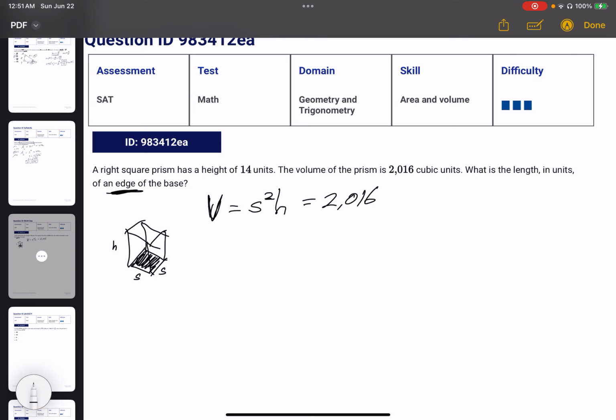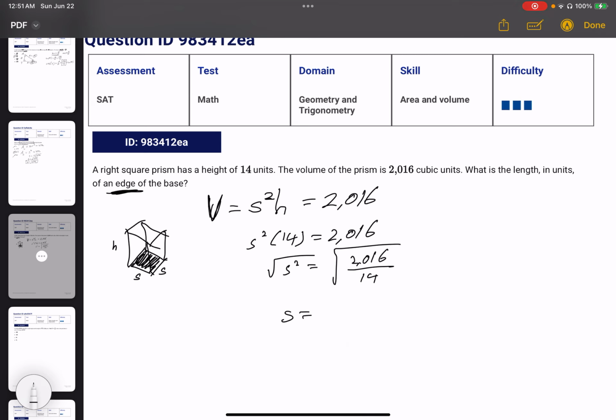And we're given h. So s squared is unknown, and h is equal to 14, and this is equal to 2016. So I'm going to pull up my calculator, and we have s squared is equal to 2016 divided by 14, and we also take the square root of that.